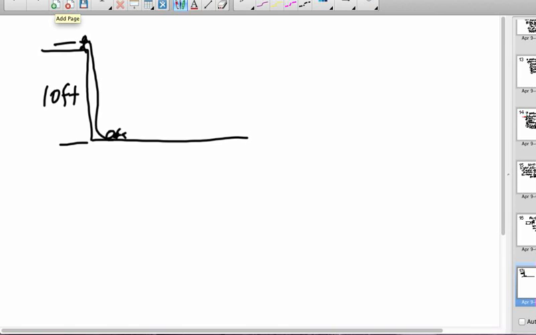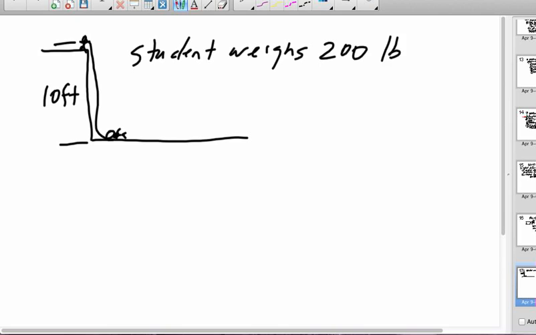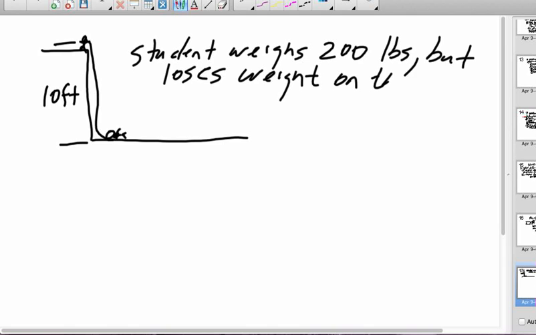The student weighs 200 pounds, but loses weight on the way up. And I'm not going to specify how he loses it.